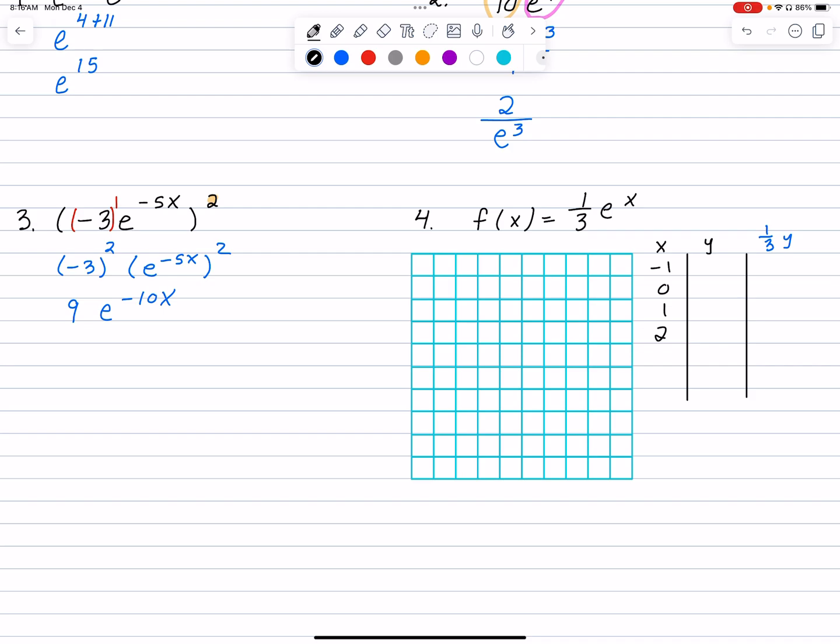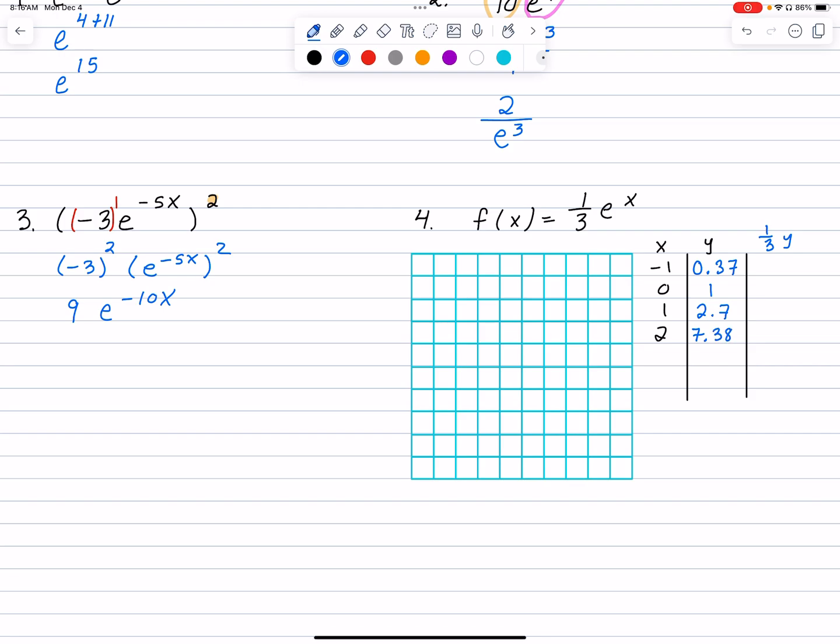I'm just going to round to the nearest hundredth so you guys can check your accuracy versus mine, but obviously, I'm not going to graph to that accuracy. So I get 0.37 when it's e to the -1. E to the 0 is just 1. E to the 1 is just e, which is about 2.72. And then e squared is about 7.39.